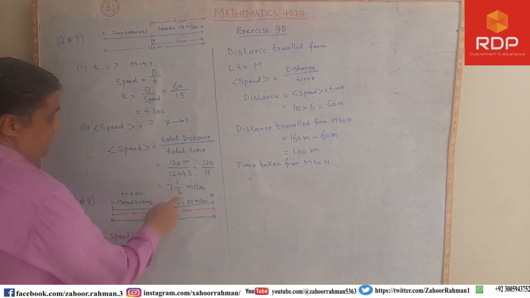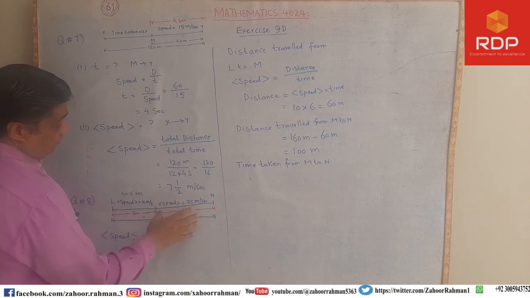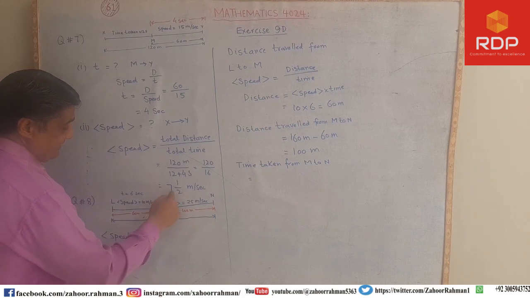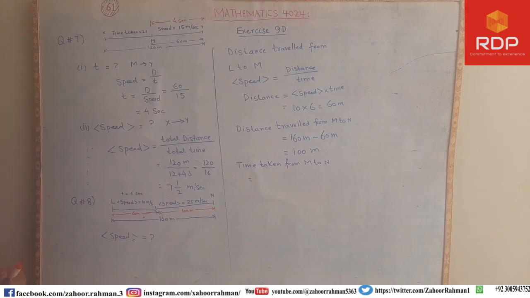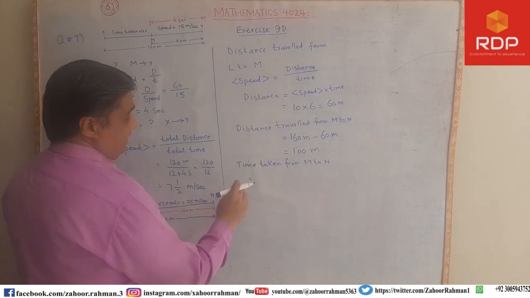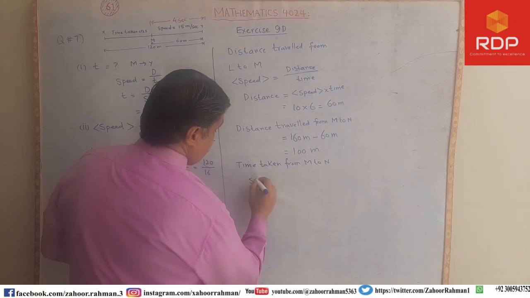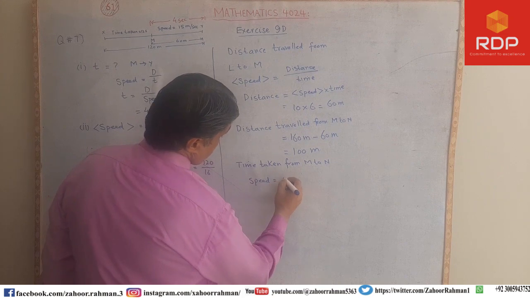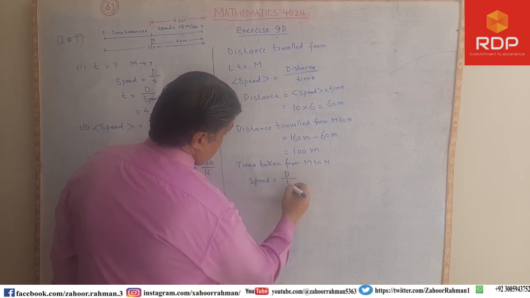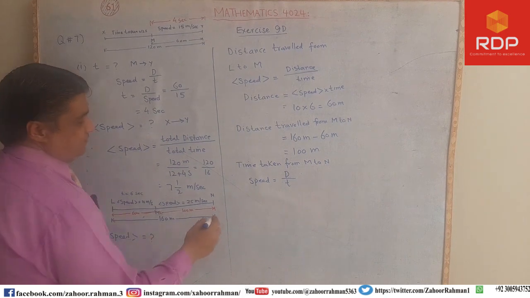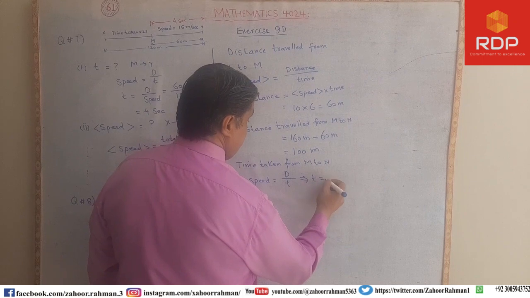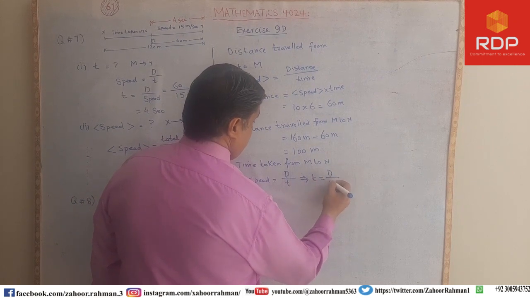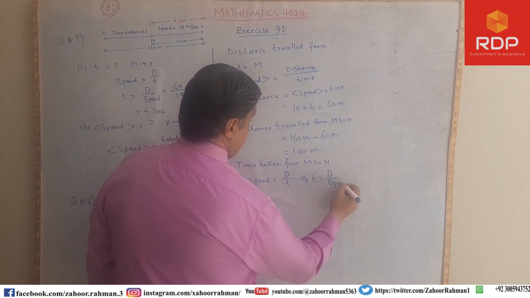Speed is equal to distance divided by time. We have to consider this area because we are dealing with M to N. Because we want to find the time, this implies that t is equal to d divided by speed.